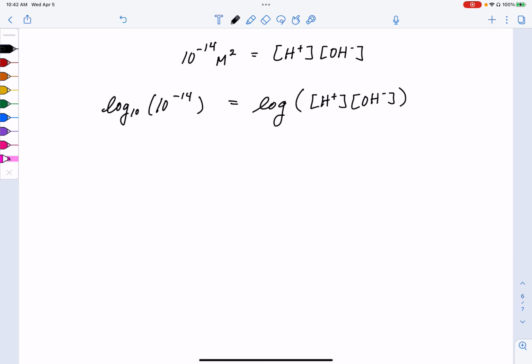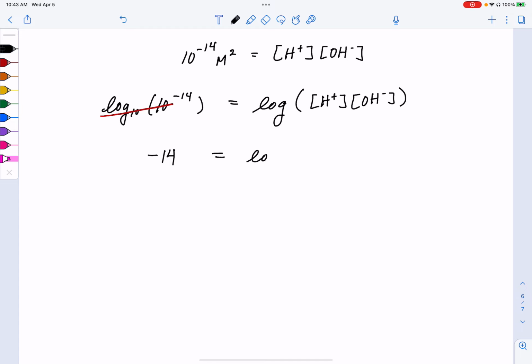All right, now I have to apply some log rules. The whole reason I took the log of both sides is because I wanted to get this negative 14 exponent out of its base 10 power. So I see a cancellation of my log and my base 10, leaving behind simply the exponent.